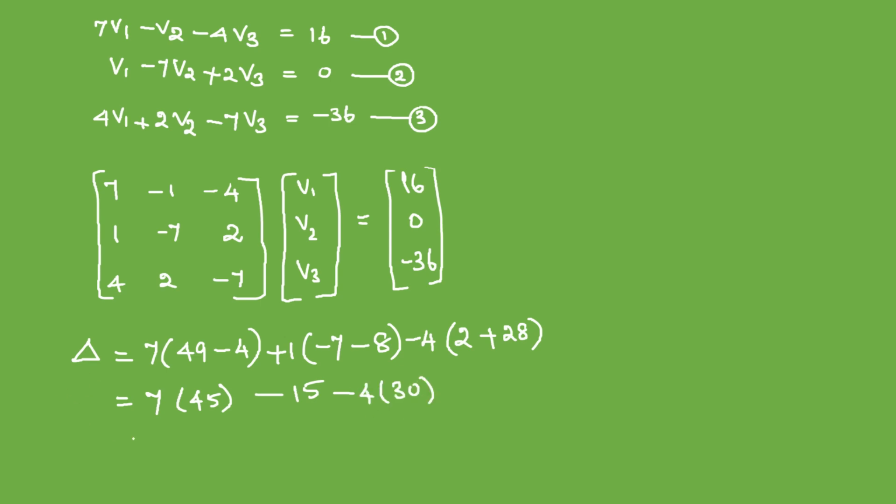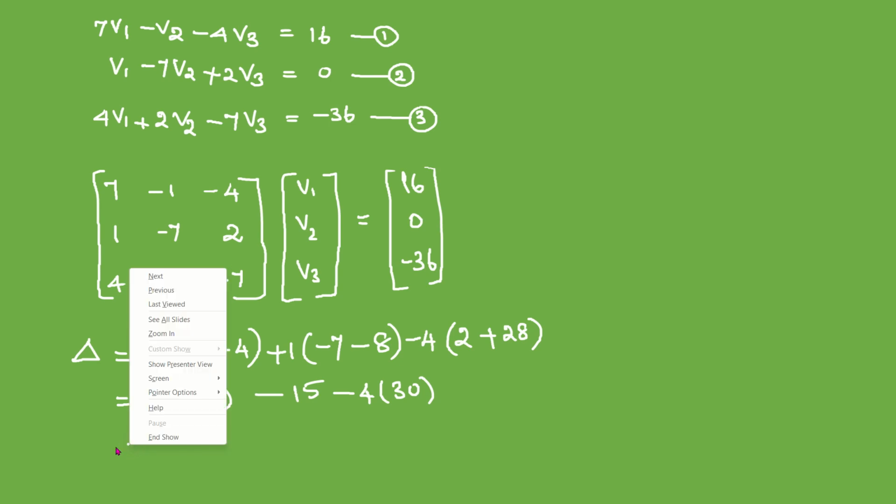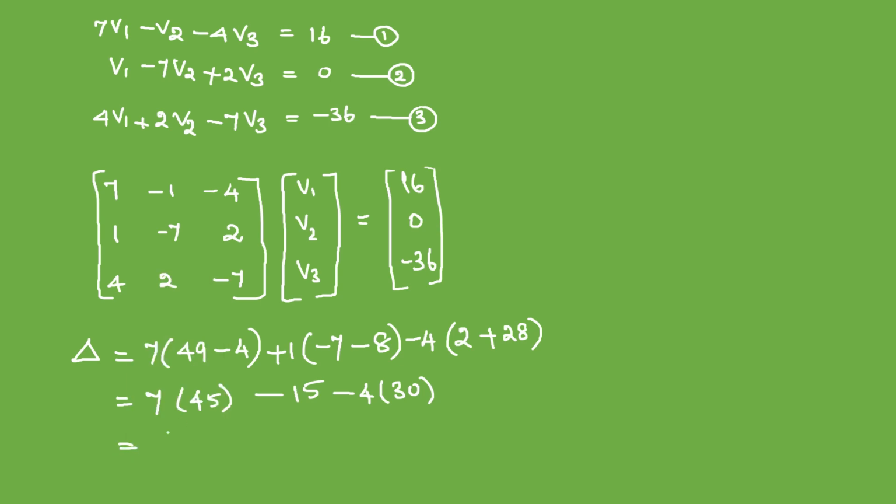This is equal to 315 minus 15 minus 120.